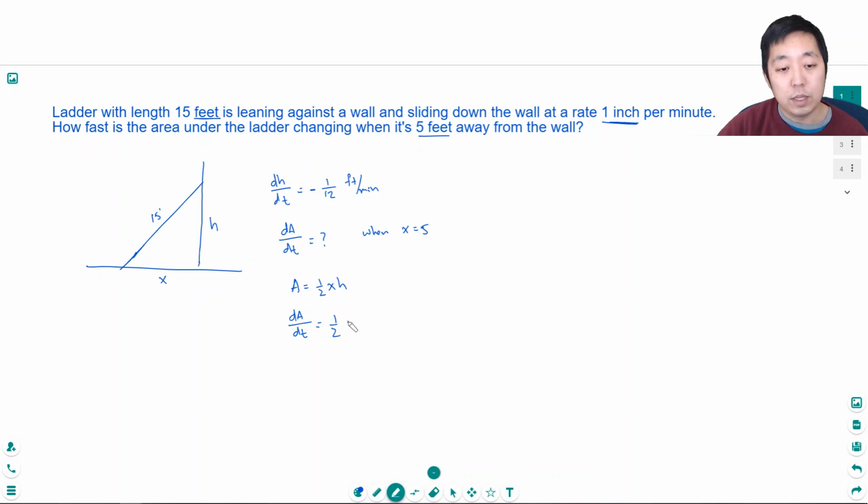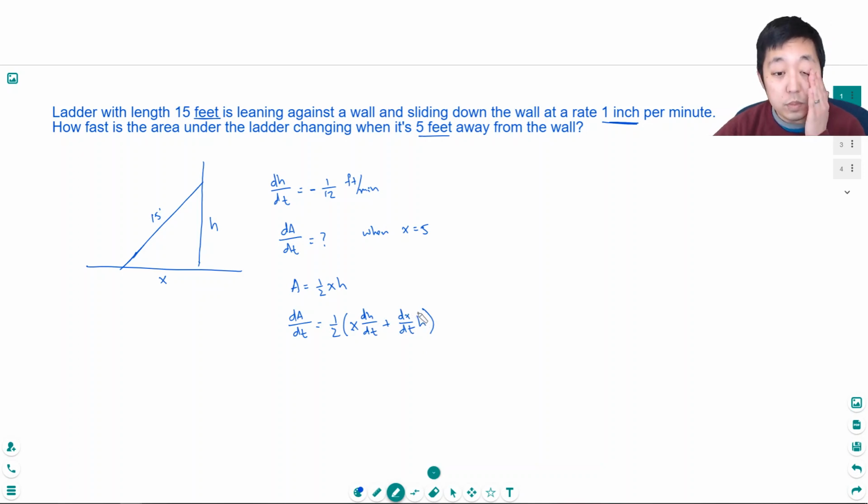So by product rule, it would be x dh/dt plus dx/dt h. Now, I know dh/dt already, and I know x, but I don't know h and dx/dt. So here I'm stuck a little bit. I've got my equation, but I need to figure out what these quantities are.